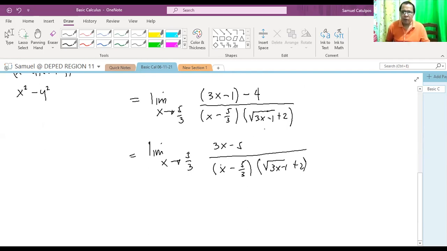Now, we need to find a way so that kaning imong x minus 5/3 mag-cancel. Okay, so mangita ta og factor ani para mag-cancel ning imong x minus 5/3. So igawas na to si 3, no?